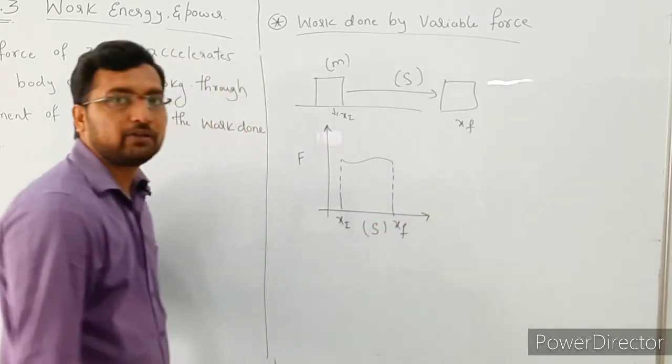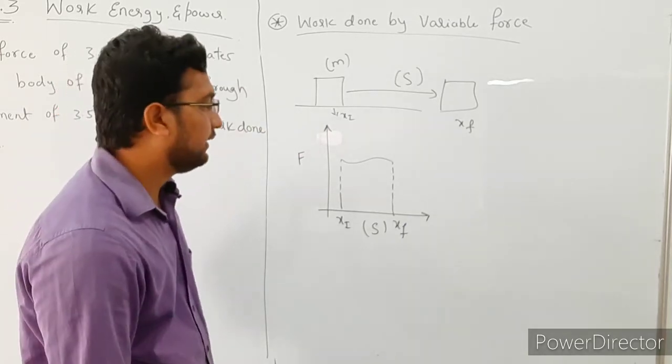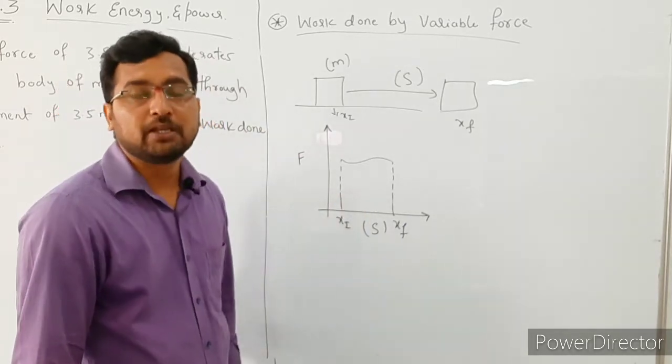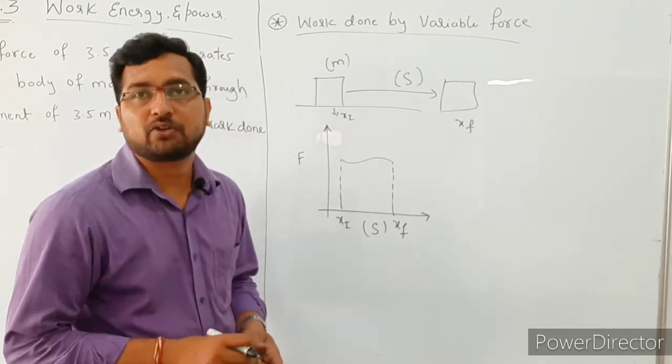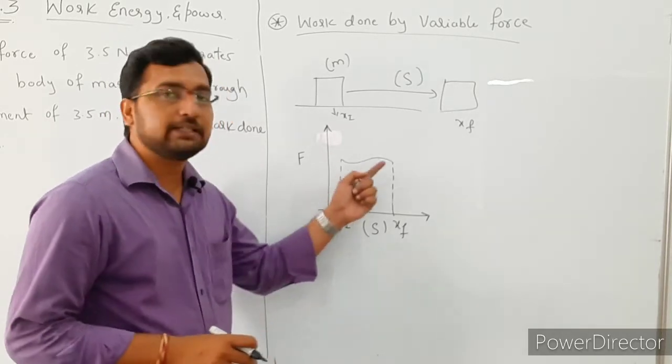Here we are going to find out the work done by the variable force on this body. Already we know that to calculate the work done, the force must be constant. But in this case, the force is variable.